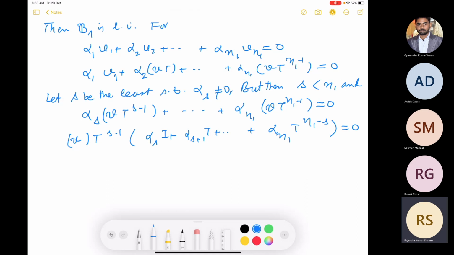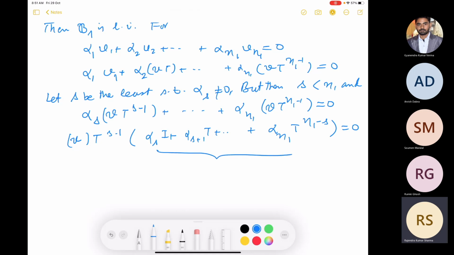Now alpha s is not 0, and this is a polynomial in t, and t is nilpotent. What have we just now proved? That this must be invertible. A polynomial with non-zero constant coefficient in t is invertible.